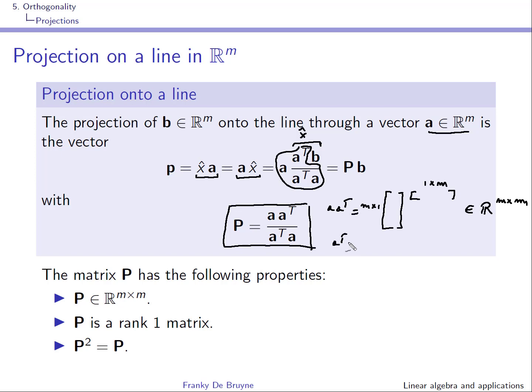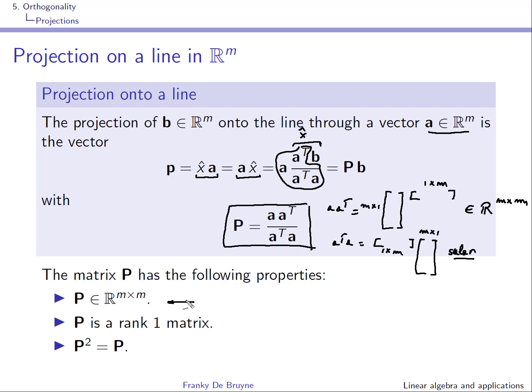A transpose A is this thing over here. Okay, so this is 1 times m, and this is m times 1. So this is a scalar. So on the numerator you have an m by m matrix, and on the denominator a scalar. So we have found that the projection matrix is an m by m matrix, and it's a rank 1 matrix.